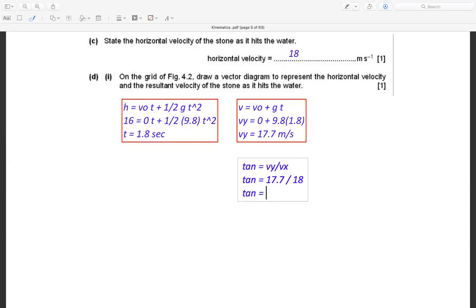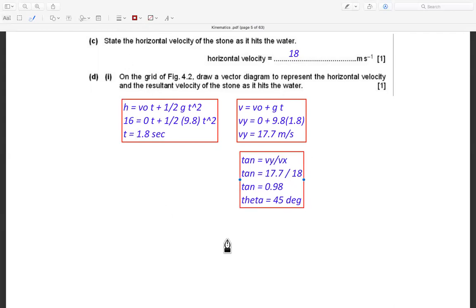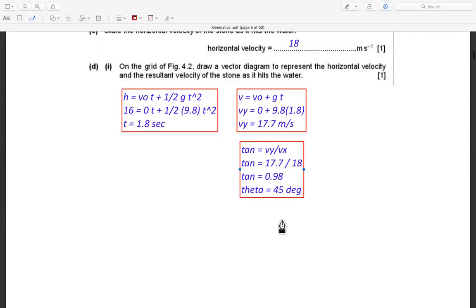Tangent theta is 0.98. So theta we use tangent minus 1. Oh, around 44.5. Maybe around 45 degrees. Yes, so I get 45 degrees here.